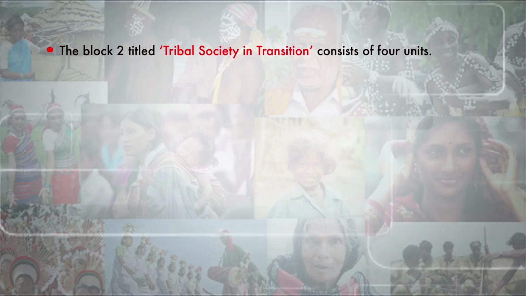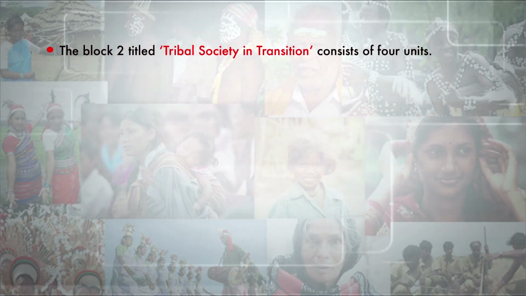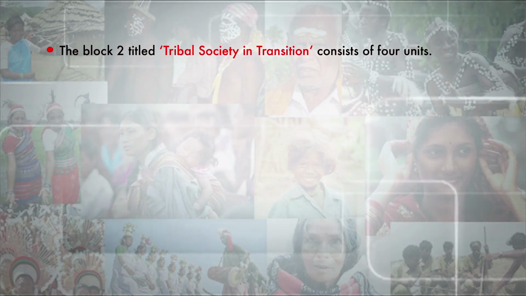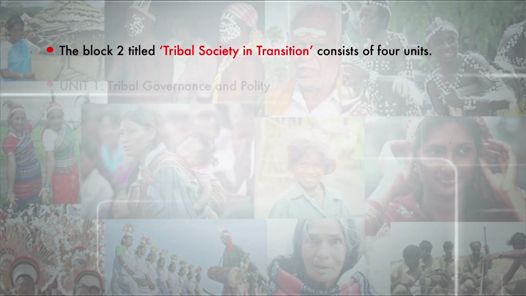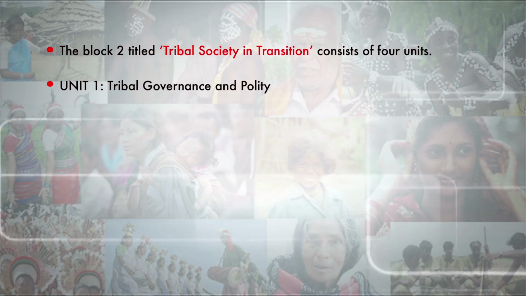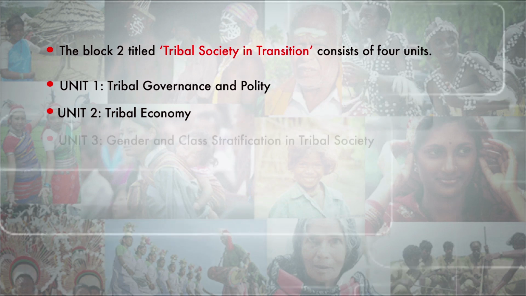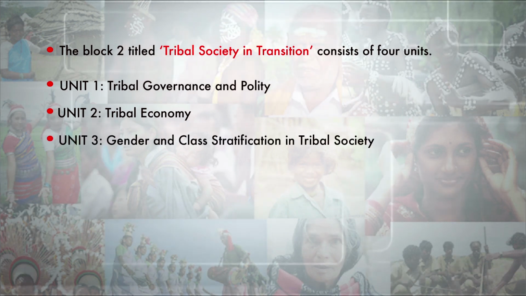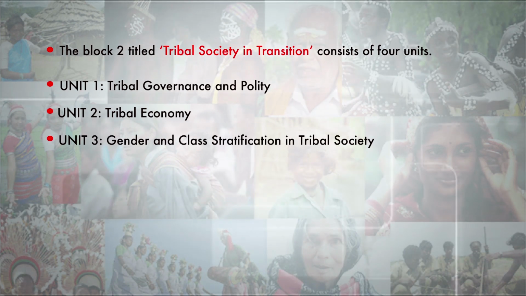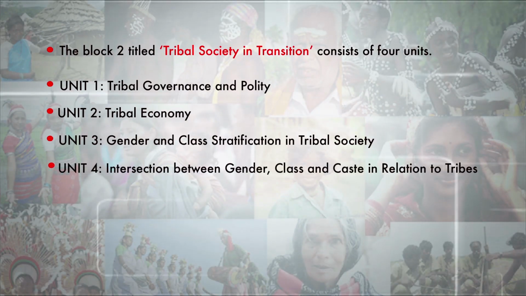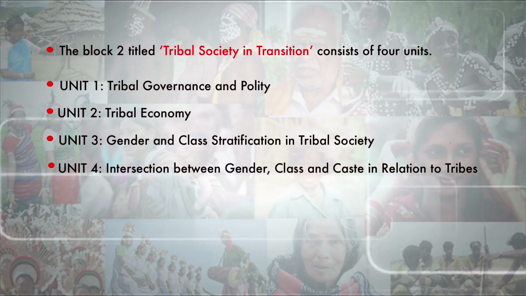Block 2 in the course Tribal Society is titled Tribal Society in Transition. The 4 units in this block are Unit 1, Tribal Governance and Polity, Unit 2, Tribal Economy, Unit 3, Gender and Class Stratification in Tribal Society, Unit 4, Intersection between Gender, Class and Caste in relation to tribes.